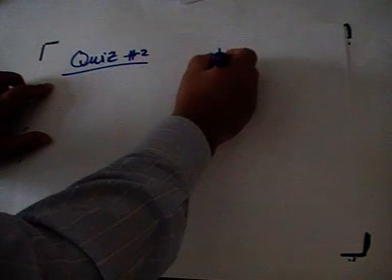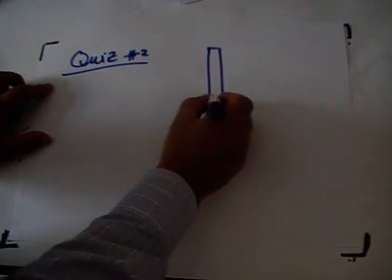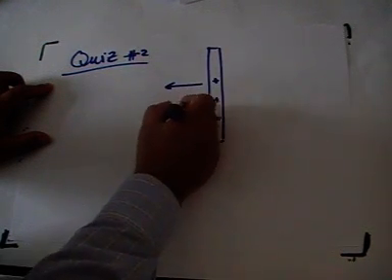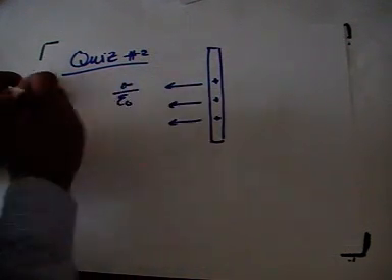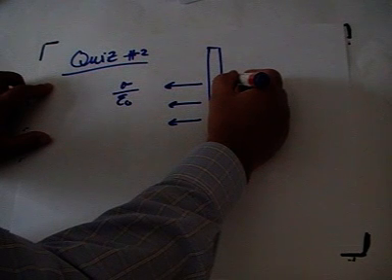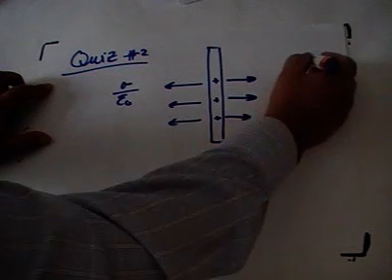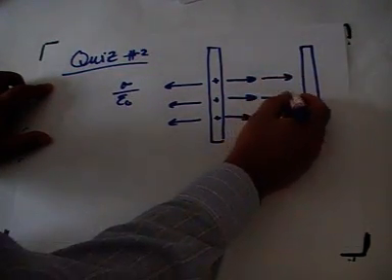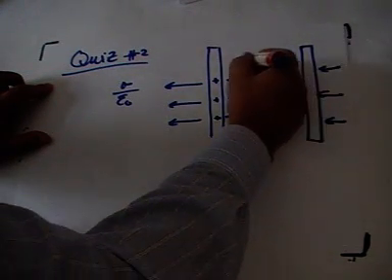We found that the electric field near a sheet like this, if it is positive, is directed away from the sheet and is equal to sigma over epsilon. If the sheet is negative, then the field is directed the other way.